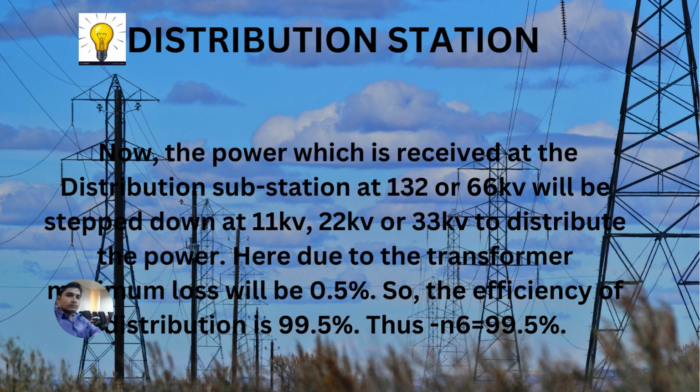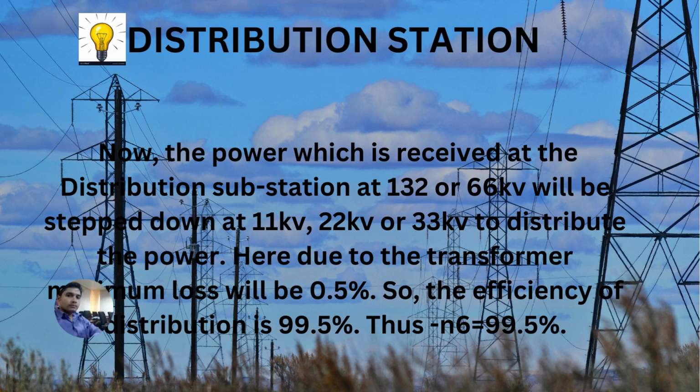Now when the power from the subtransmission unit is received at the distribution substation at 132 or 66 kV, it will be stepped down to a voltage of 11 kV, 22 kV, or 33 kV, depending upon the requirement of the different industry or the different distribution location.